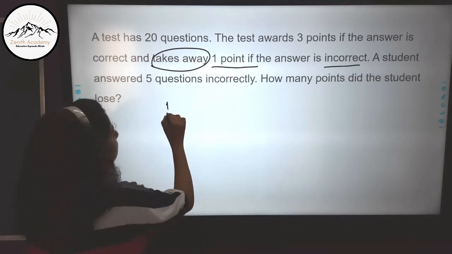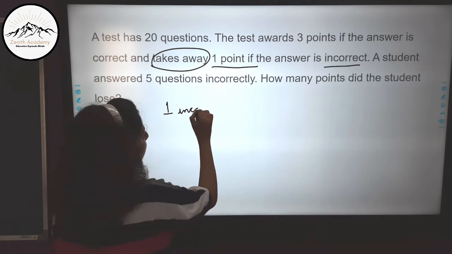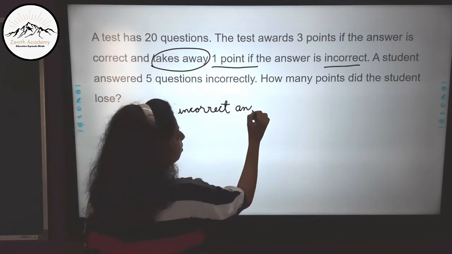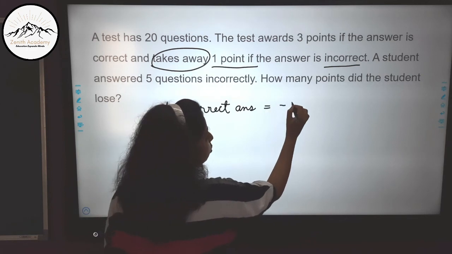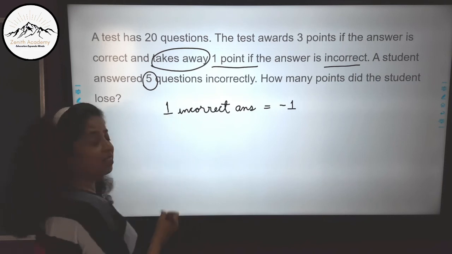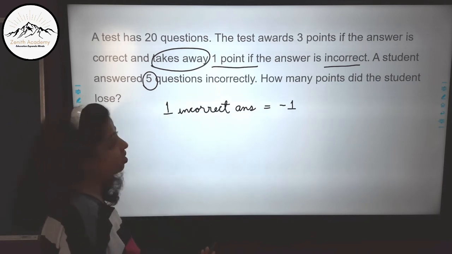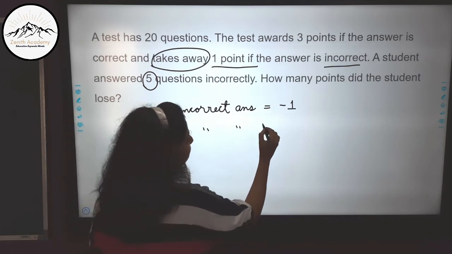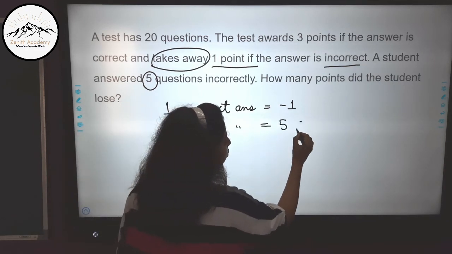So for one incorrect answer, the student gets -1, right? But there are 5 questions that he has answered incorrectly. So for 5 incorrect answers, he will get 5 into -1.